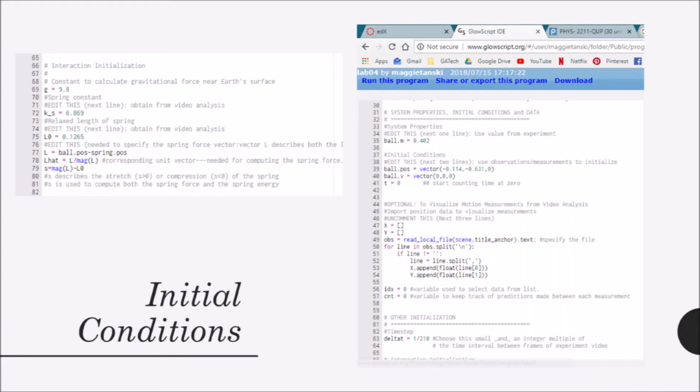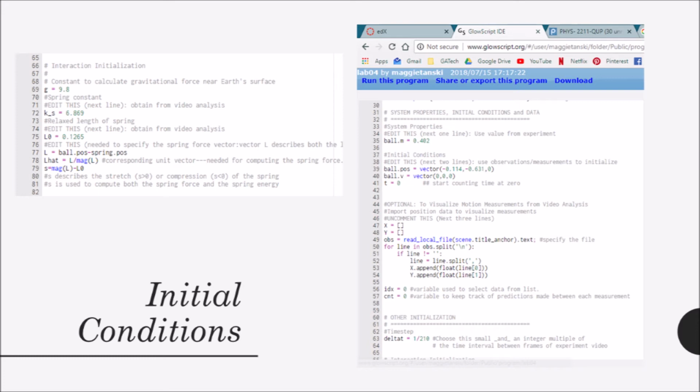Our initial conditions include the mass, which is 0.402 kilograms, the initial position of the mass, which is a vector of negative 0.114, negative 0.6310 meters, the initial velocity of the mass, which is 0 meters per second, and the initial time, which is 0. We also set delta t equal to 1 over 210 seconds.